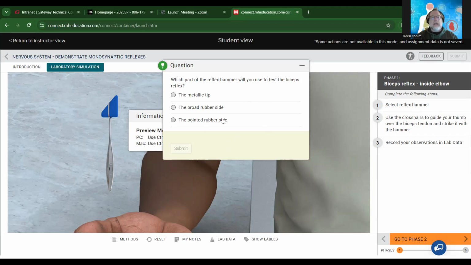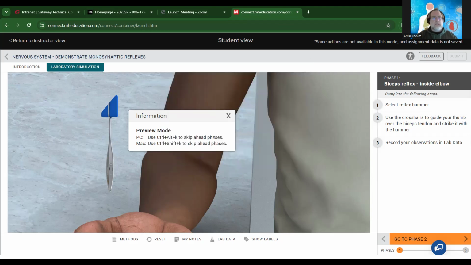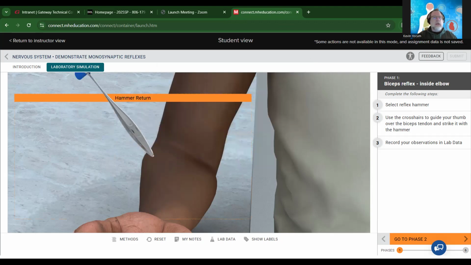Biceps reflex. Broad rubber side, I don't know. We'll just do that. So pointed rubber side. Anyway, select the reflex hammer. I just click it once and let go. I don't hold it or anything. So now I've just clicked it once.